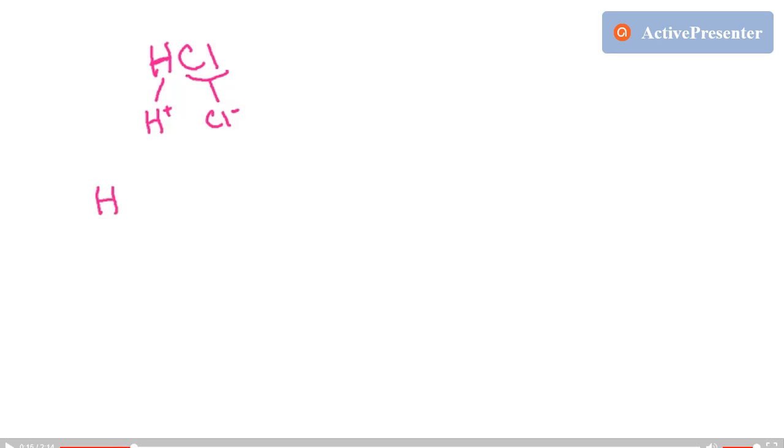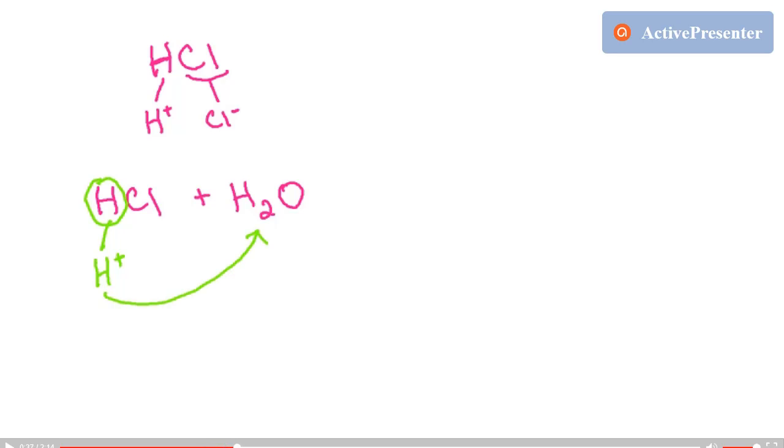Well, if you take the HCl, hydrochloric acid, and you add it to water, which is H2O, this H breaks apart and turns into the H positive, and that combines with the H2O to equal H3O positive, because it's taking the extra H and adding it to the 2 H's to make 3 H's.